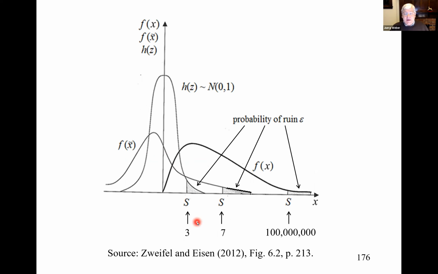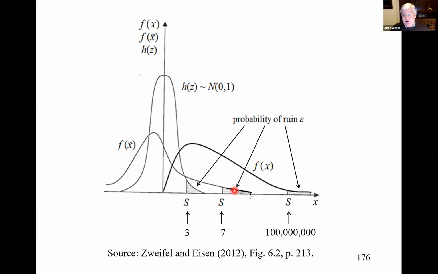So we begin here with the loss function for the random variable x, for the loss x. We normalize that: we subtract the mean, we divide by the standard deviation. So I'm getting x tilde, the random variable x tilde. It may look somehow like this.